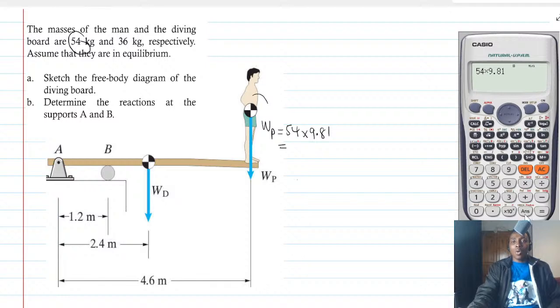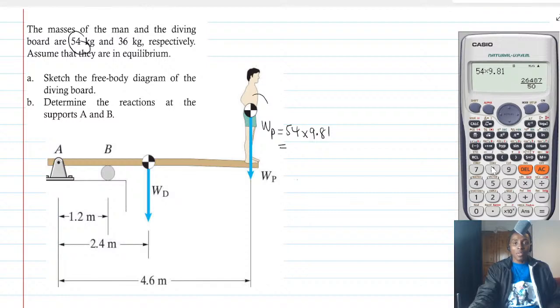So what are we going to get? If we have 54 multiplied by 9.81, what do we have? We are going to get 529.74.